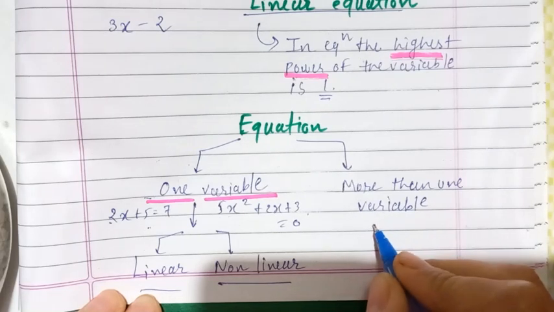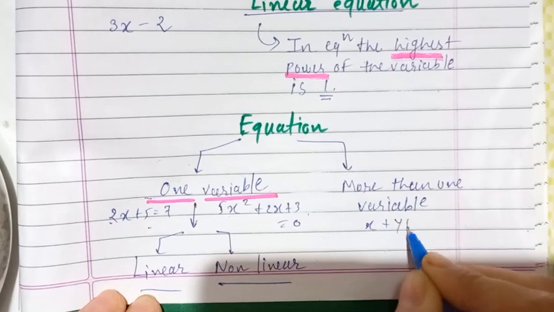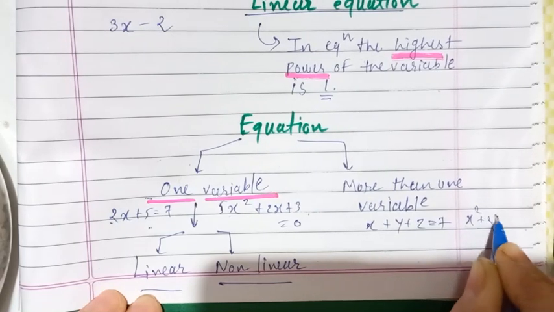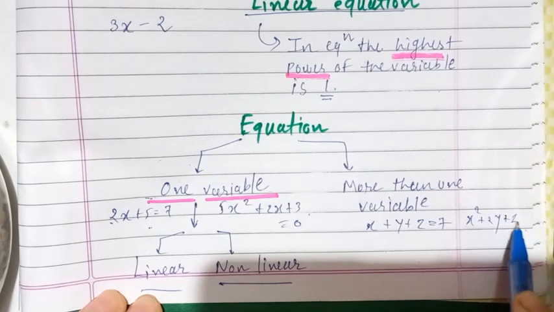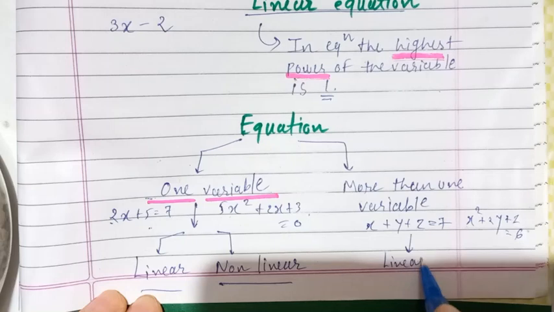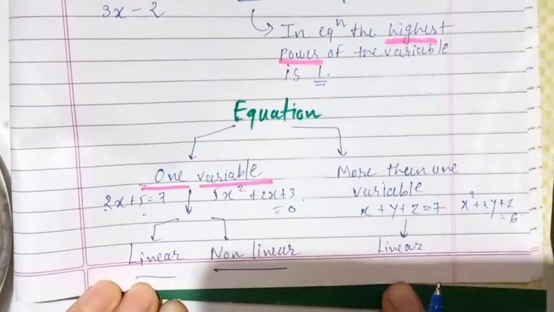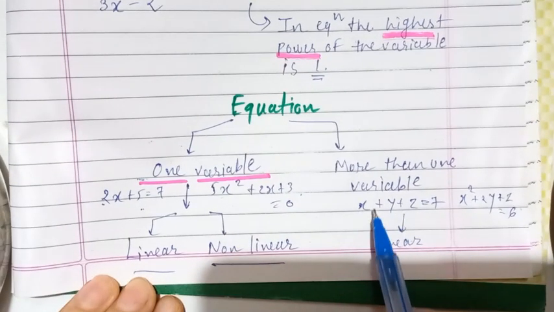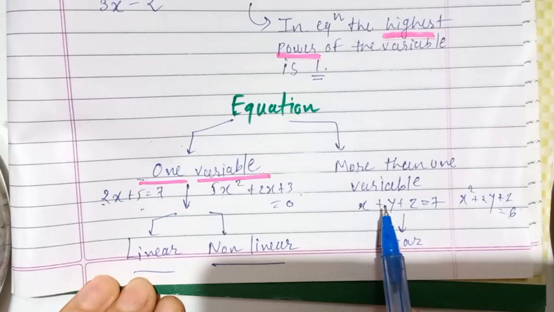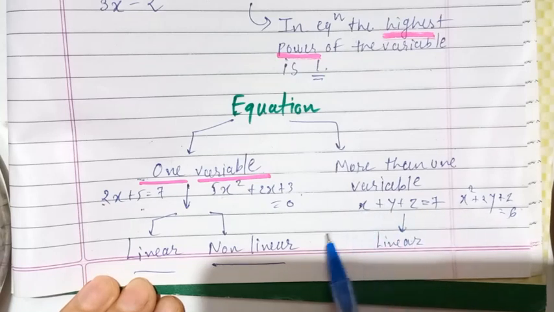Its example is x plus y plus z is equal to 7, x square 2y plus z is equal to 6. Again this is linear, because the power of all the variables, all different types of variables, is 1. Here you see more than one type of variable: x, then y, then z.